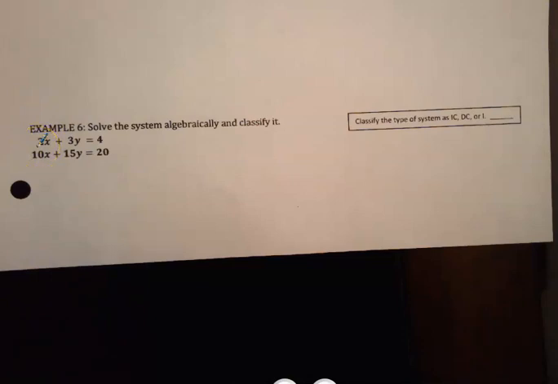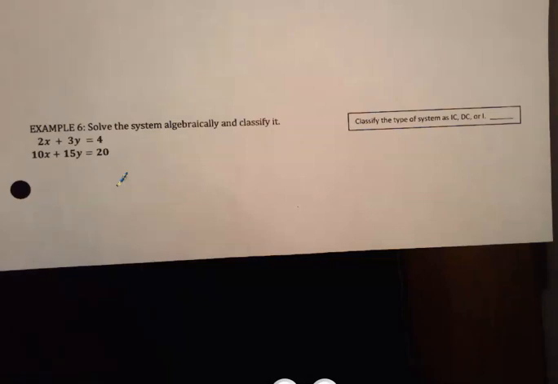So substitution is not going to be ideal. This is one that I really should use elimination on. Now, I'm not saying you can't use substitution, because you can. You could divide by 2 and get x, but you're going to have a fraction, and working with fractions makes it harder and more cumbersome. You can do it, it's just more challenging.